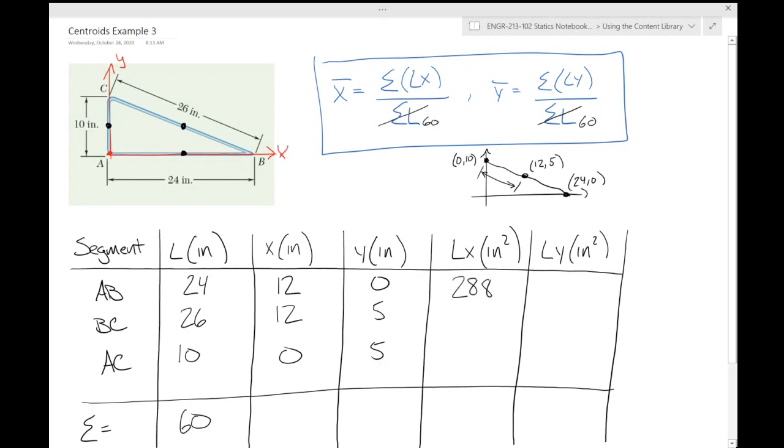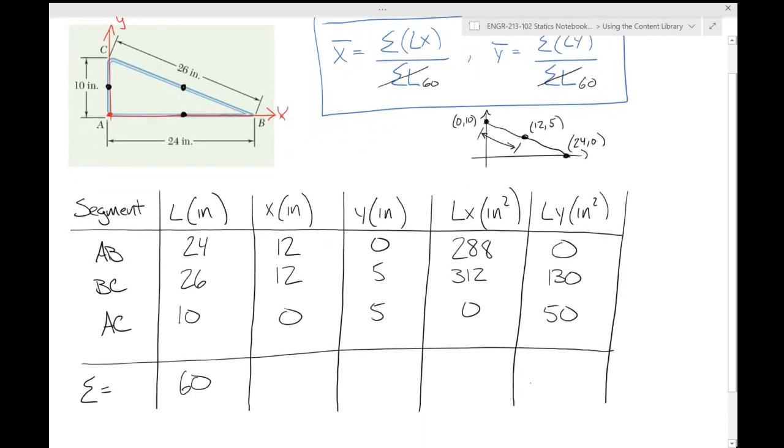Somebody check me on my math and make sure I get these right. 24 times 0 is 0. 26 times 12 is 312. 26 times 5 is 130. And then 10 times 0 is 0. 10 times 5 is 50. So that comes out, this is 180, and 288 plus 312 is 600.